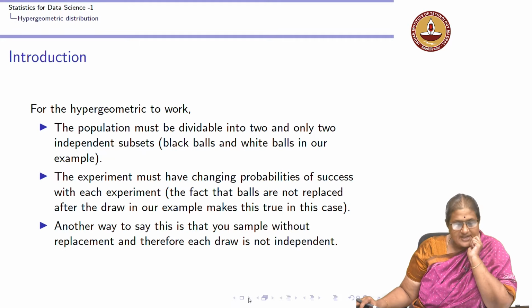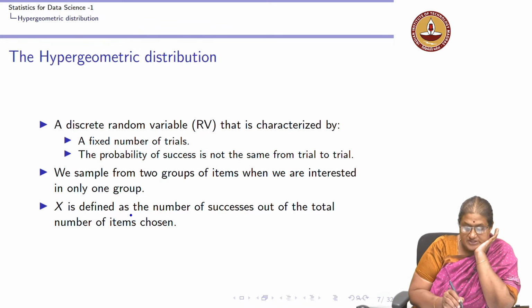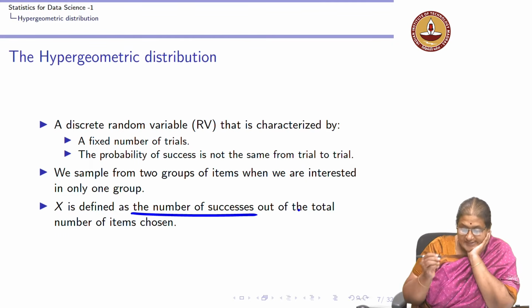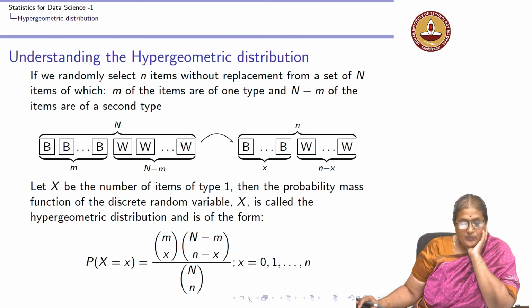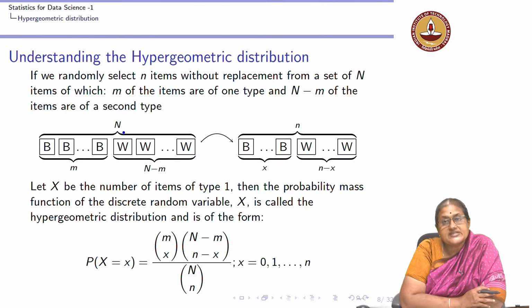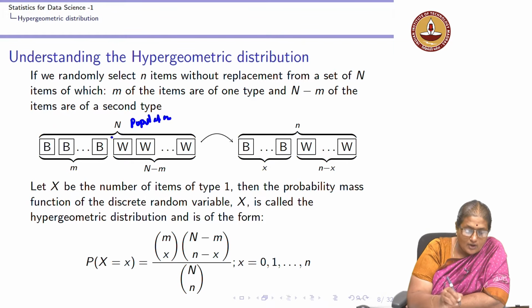So let's understand the hypergeometric distribution. I want to know the number of successes out of a total number of items chosen. So for example, I am going to look at a situation where capital N represents my population, of which I have M, which is my number of black balls.